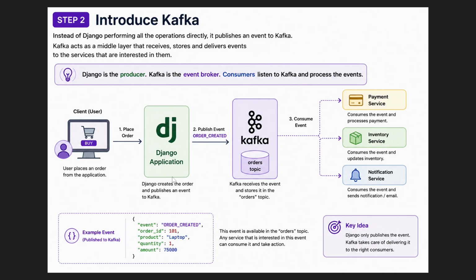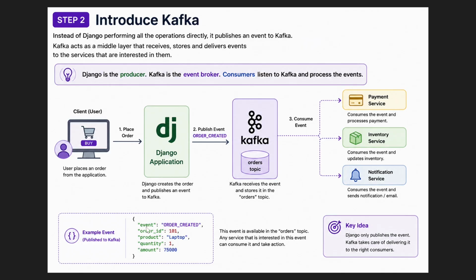Suppose this is the Django application and it has already created the order, so it sends the event that the order is created, and the independent services should do the further processing for that API request. In our case, the event is order created. We can send additional information along with this event, such as order ID, product, quantity, customer information, and so on. Here I have shown an example event.